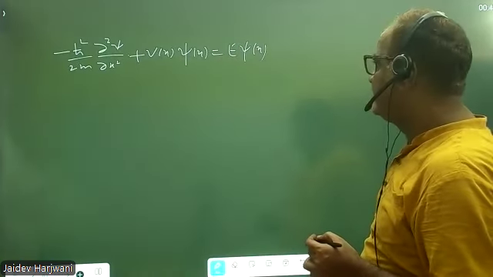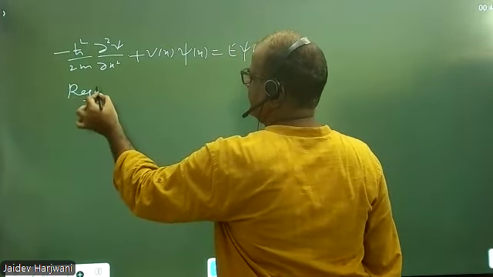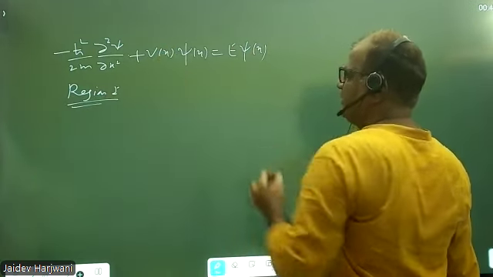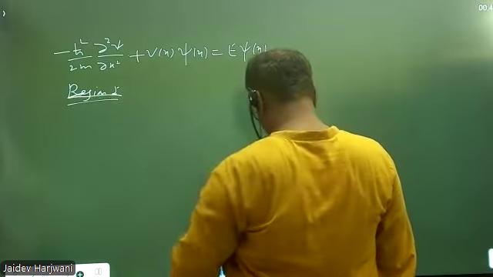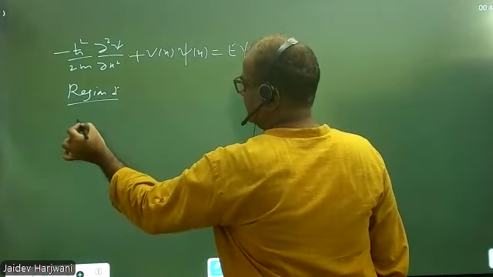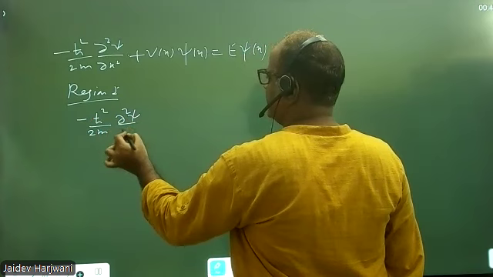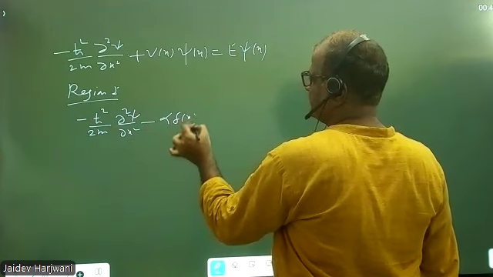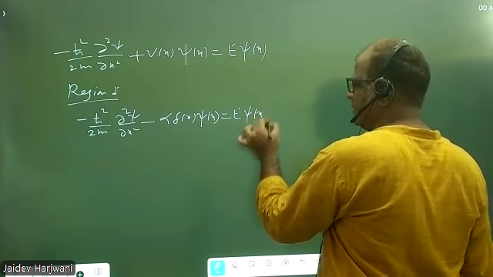So let me write the Schrödinger equation for region 1. In region 1, the delta function is 0. Let me first write this equation in terms of the delta function: minus h cut square by 2m del 2 psi del x square minus alpha delta x psi equals E psi x.